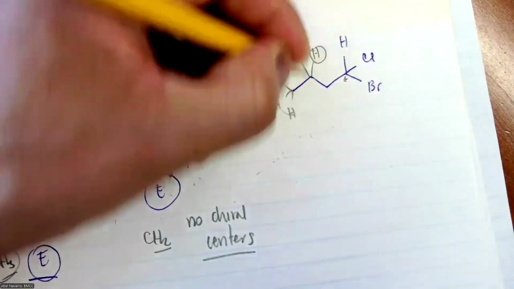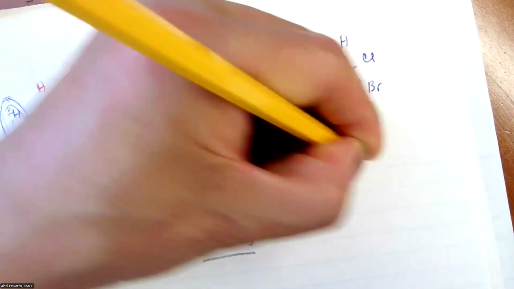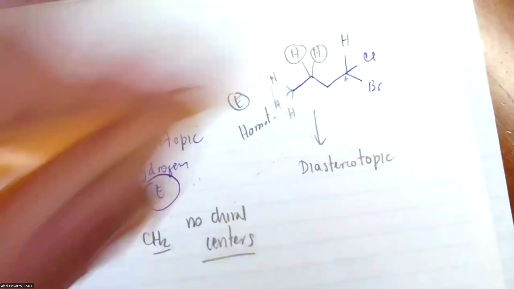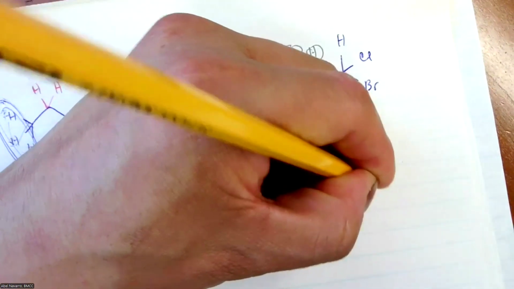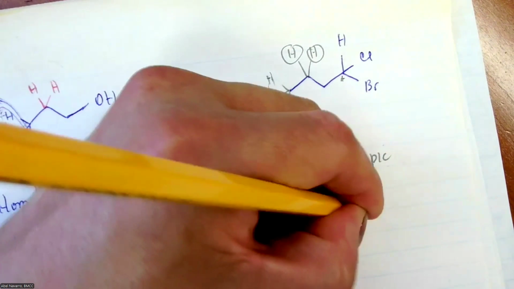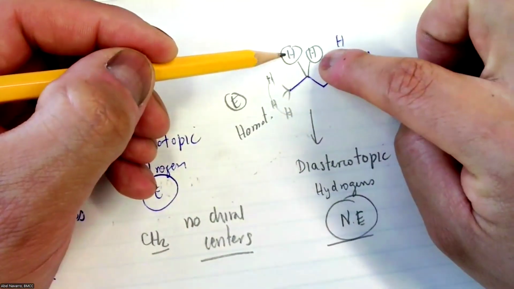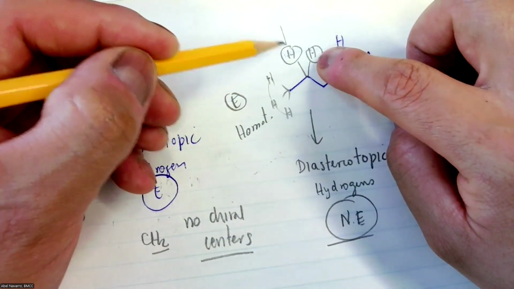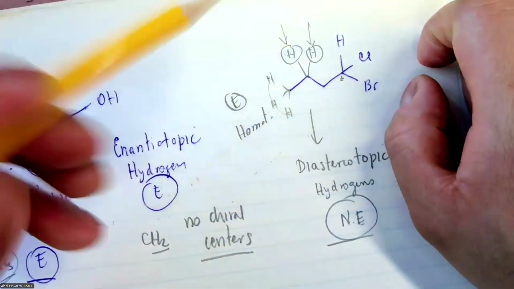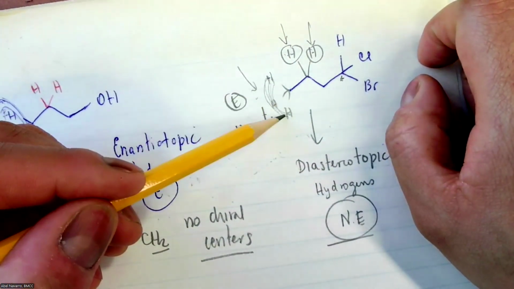So these CH2s are called diastereotopic hydrogens or protons, and they are non-equivalent. Very important to remember that. That means these H's are going to give you different signals. This one will have a peak, and this one will have another peak. What about this one? These three will have one single peak for all three.